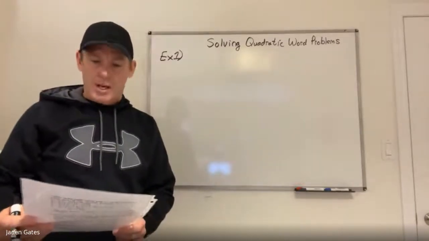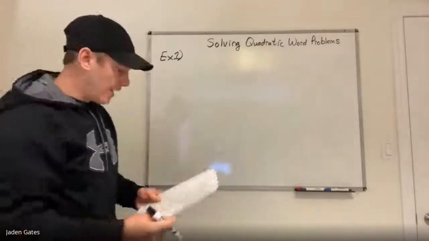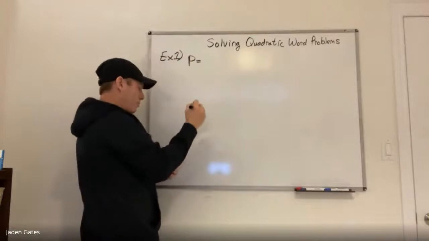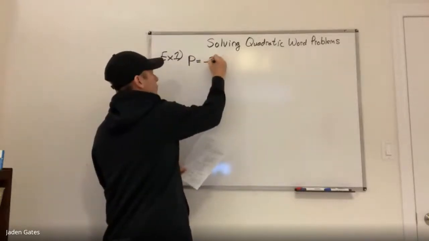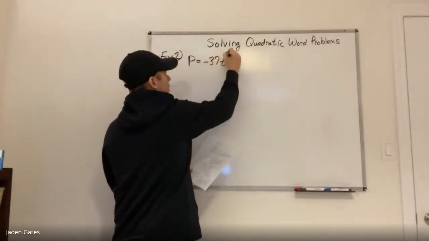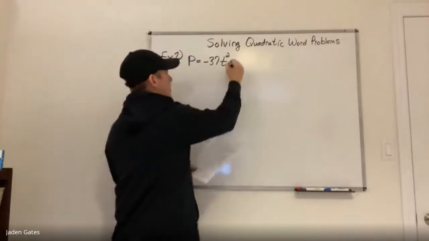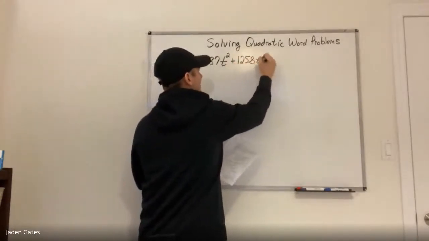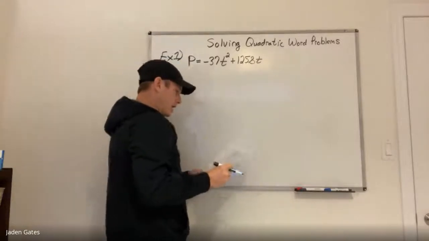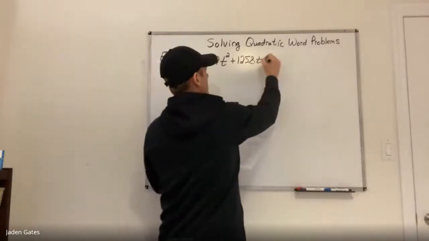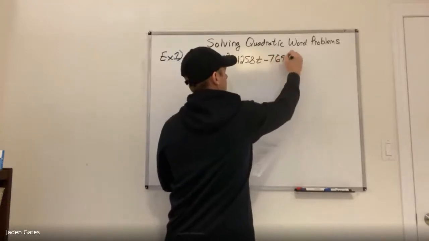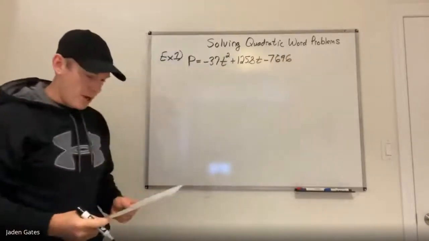The estimated profit is given by the equation P equals, so that's our profit, negative 37 T squared plus, big numbers here, 1,258 T minus 7696.